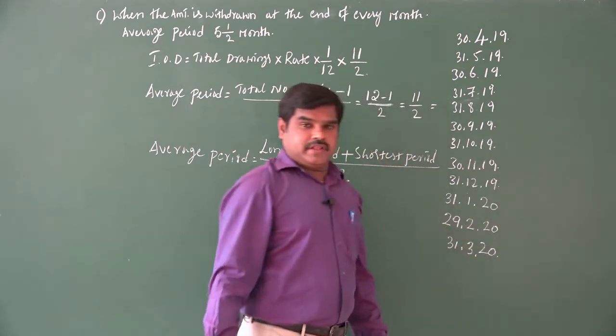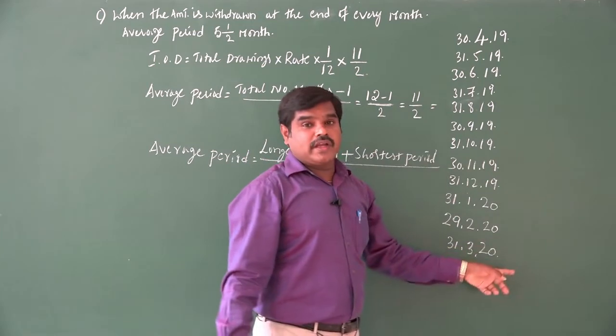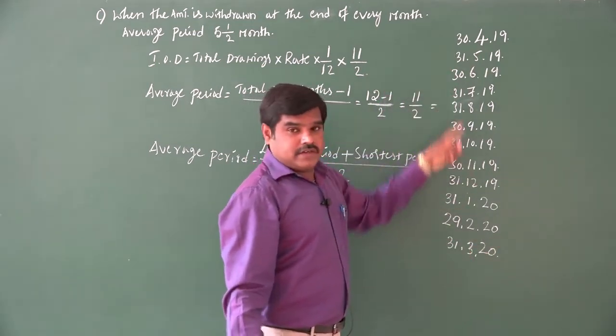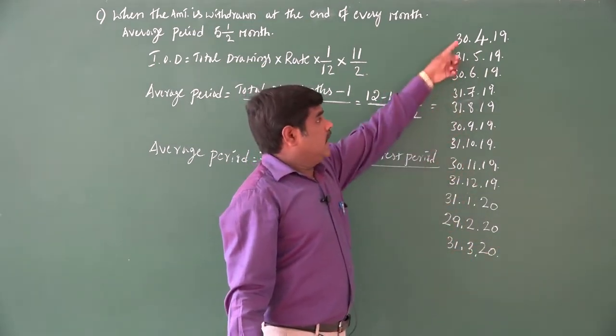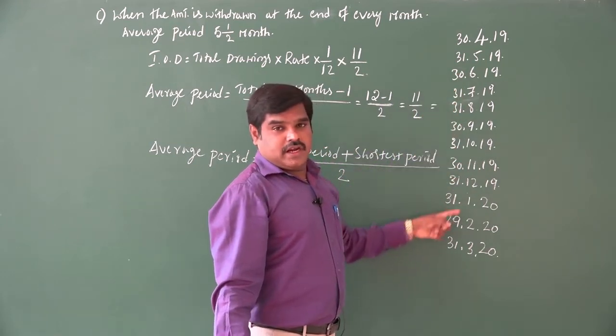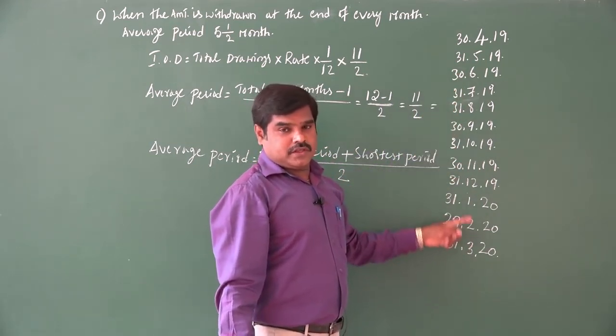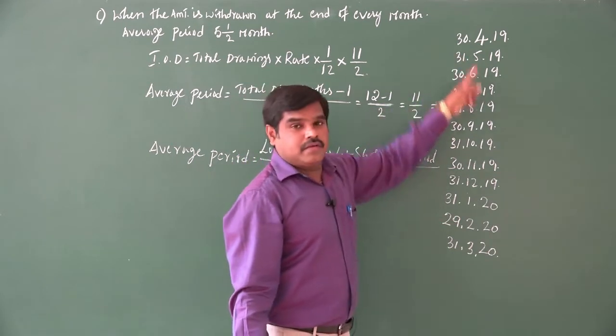So end of every month in one financial year, if I take 19 and 20 as the financial year, this is the date of drawing, end of every month. Partner is withdrawing the money for personal use at the end of every month.